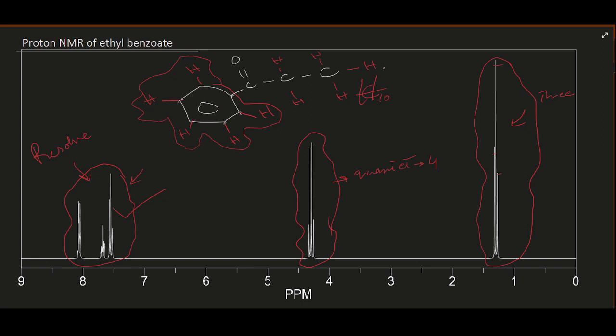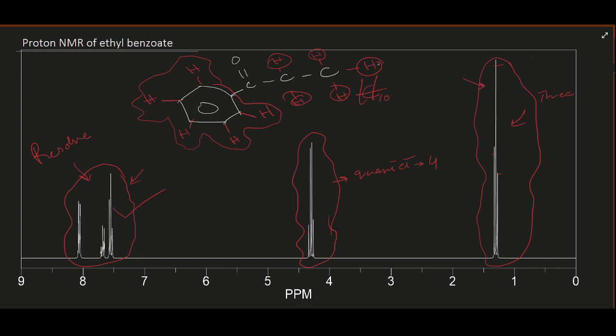But the CH3 group and CH2 group peaks are easy to identify. The CH3 group has a lower chemical shift than the CH2 group. We have seen in the table of shifts that CH3 has the lower chemical shift. So this first one is the peak of the CH3 protons.